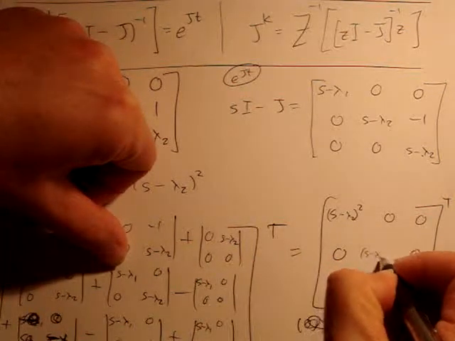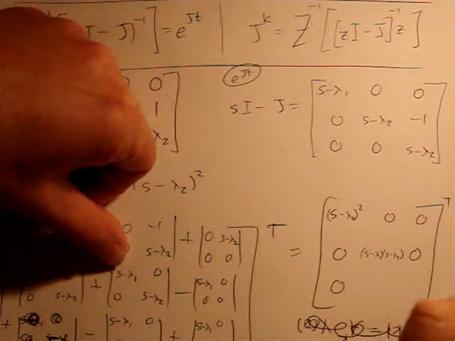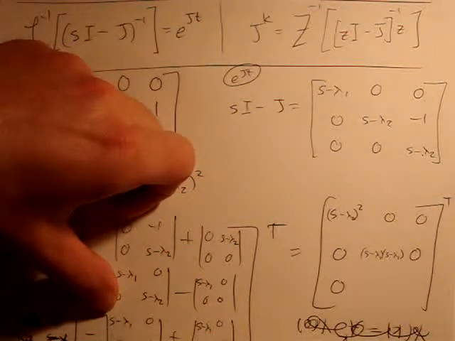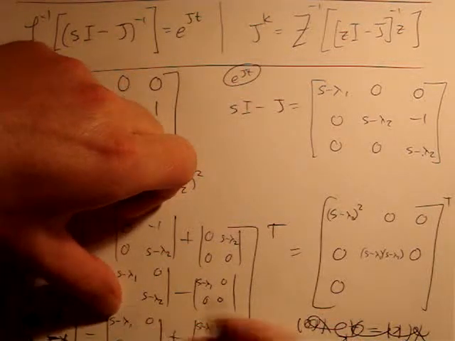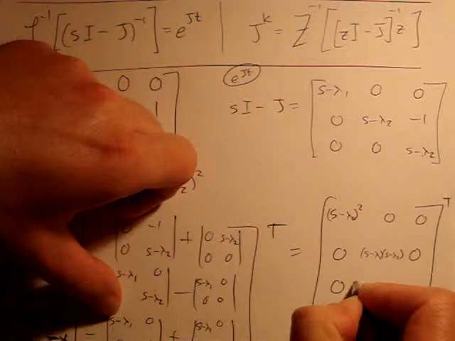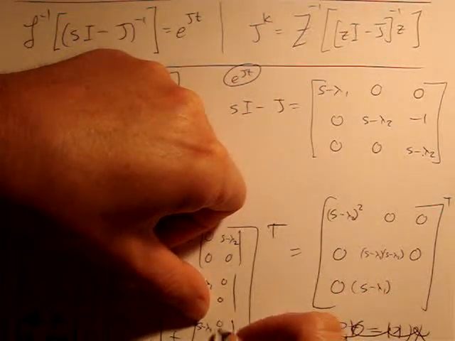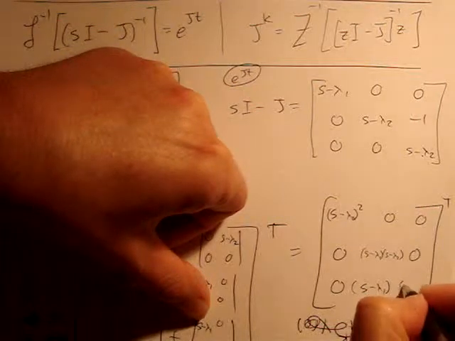So s minus lambda 1, s minus lambda 2. Third row, second column, s minus lambda 1 times negative 1 minus 0. And then another minus, so it's just going to be s minus lambda 1. And then our last term here, s minus lambda 1, s minus lambda 2, and 0.